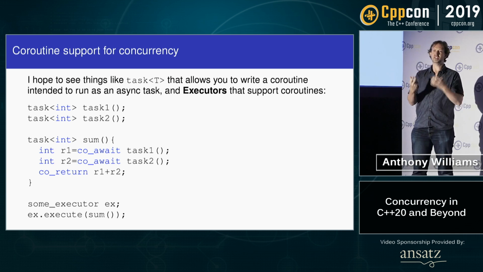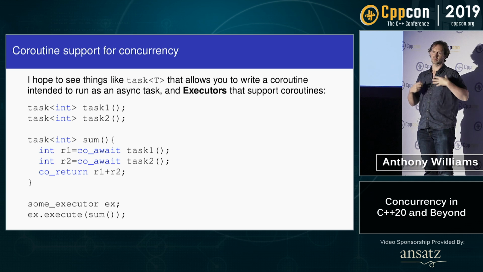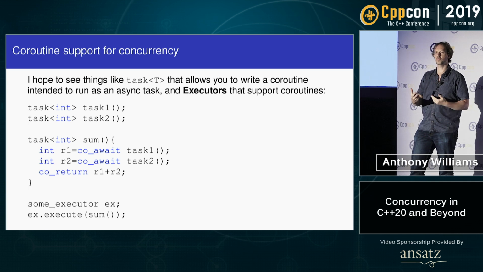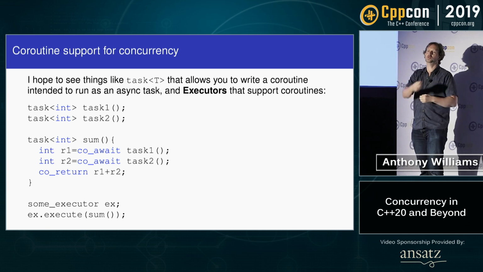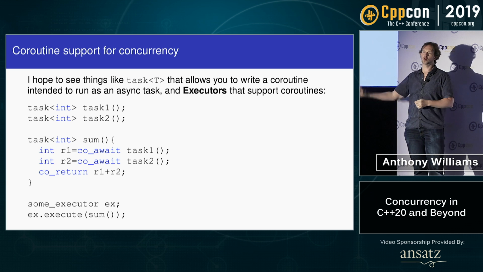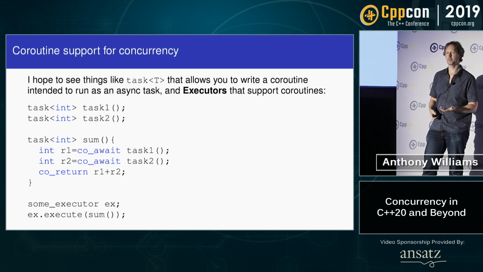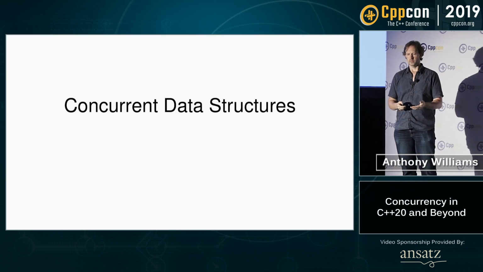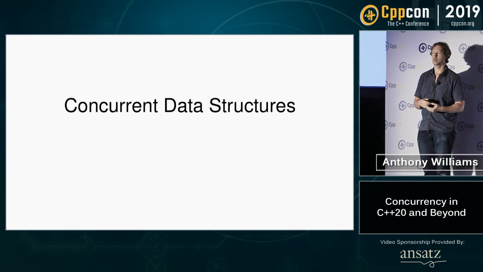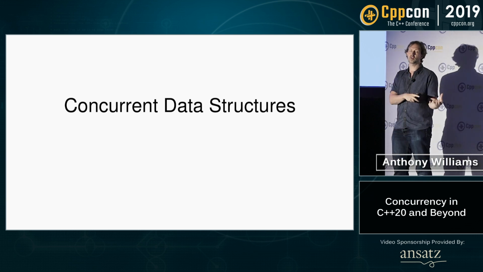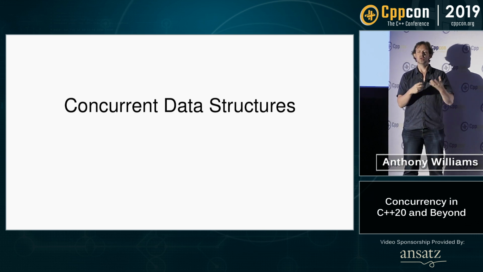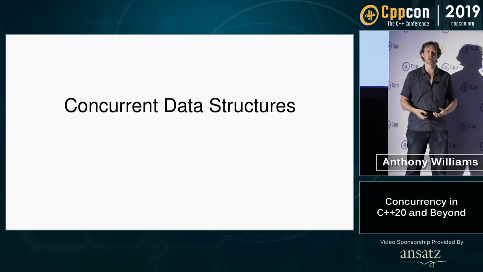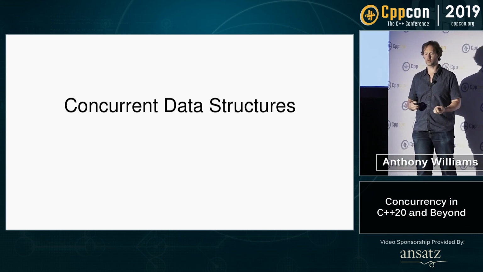And then you could integrate that with executors, and as your coroutine waited for other tasks, those other tasks would be scheduled on the executor, and then your coroutine would be resumed when the tasks were ready. But that's not got a concrete proposal yet for coroutine support. That's just something that I would like to see and I know is possible. So over the next few years, I imagine that there will be proposals forthcoming.